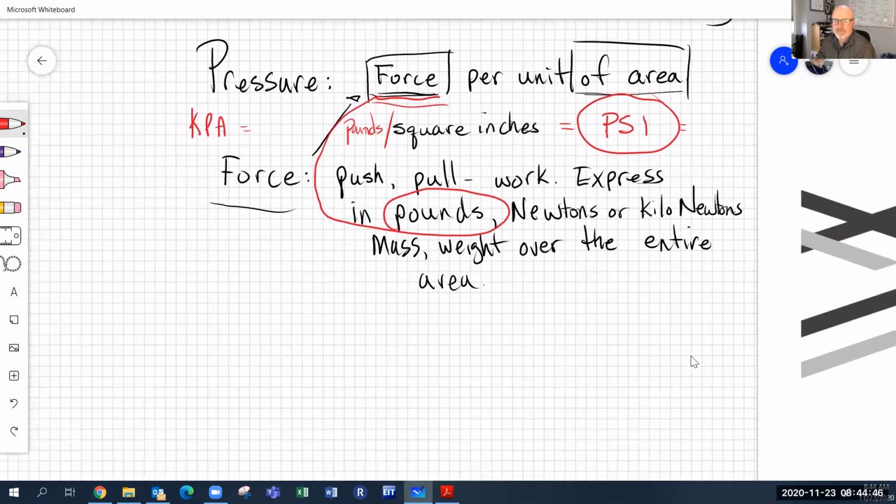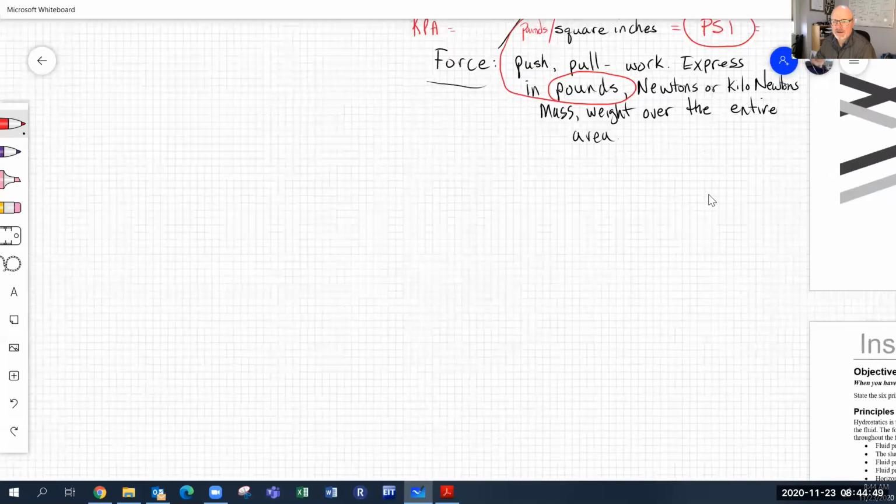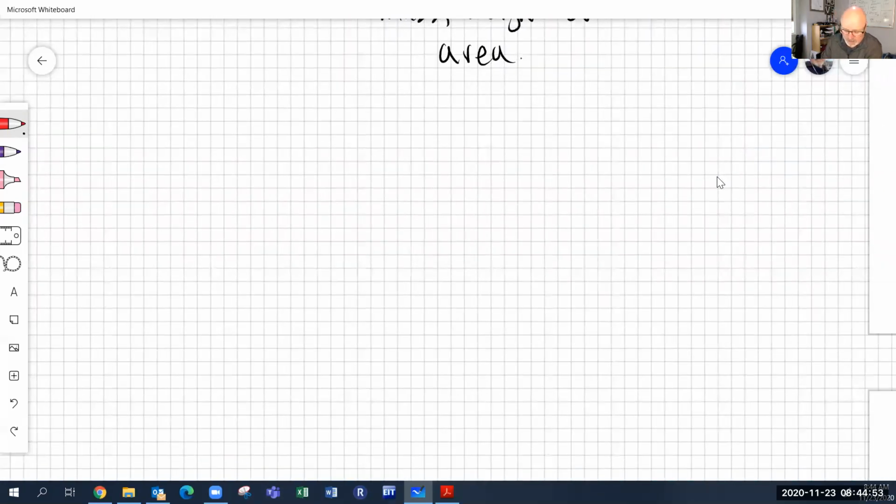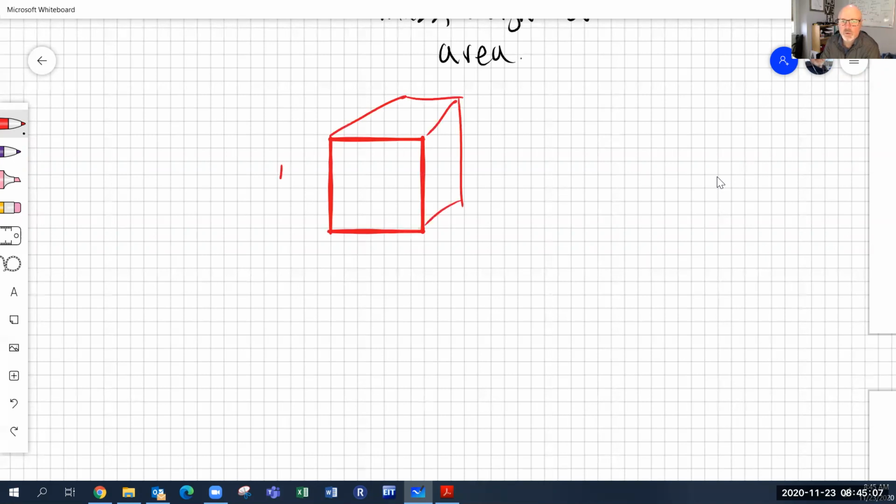So I'm going to pull out and start something, and I just want to start off with pressure. So I think we already know if we had a little block, and this block is 1 inch by 1 inch by 1 inch, we know that that's 1 inch cubed. So that's 1 cubic inch.